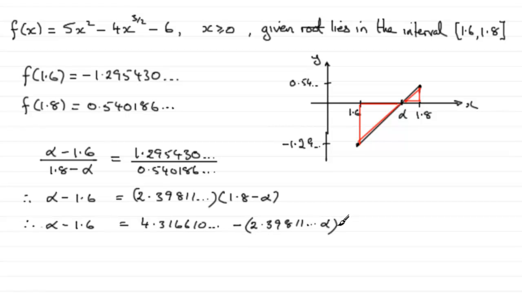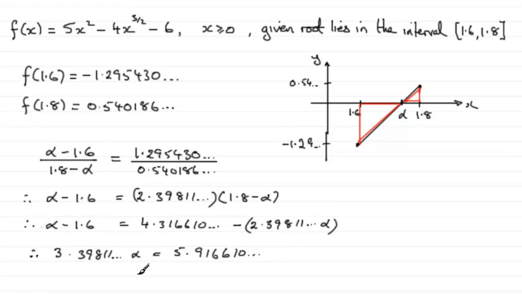So we could add this term to both sides and add 1.6 to both sides. If we do that, then alpha plus the 2.39811 alpha gives us a total of 3.39811 and so on, alpha. And if we add 1.6 to this value here, we end up with 5.916610 and so on.